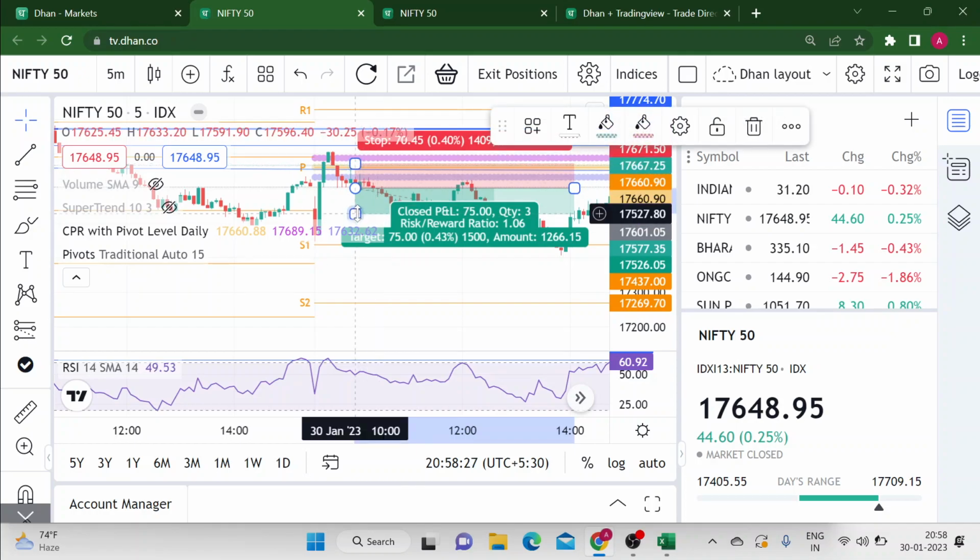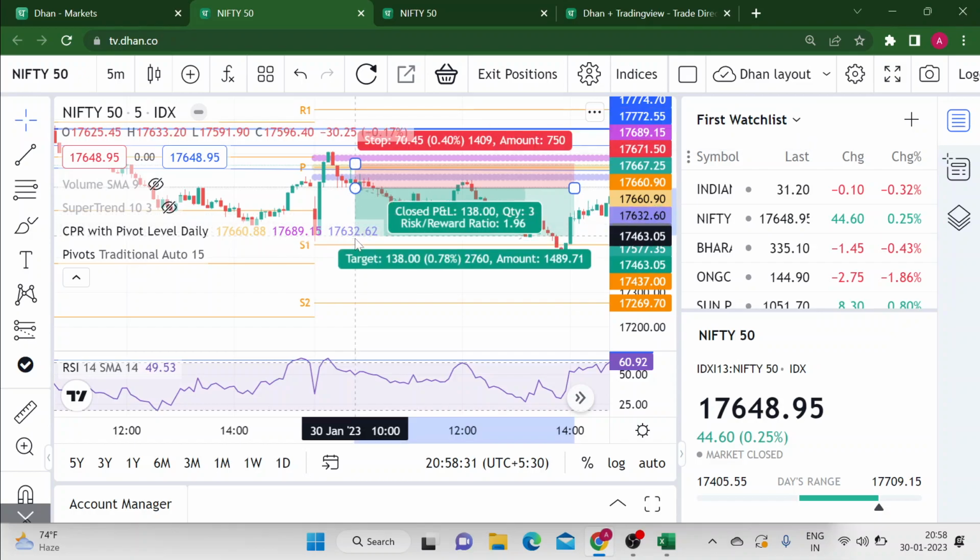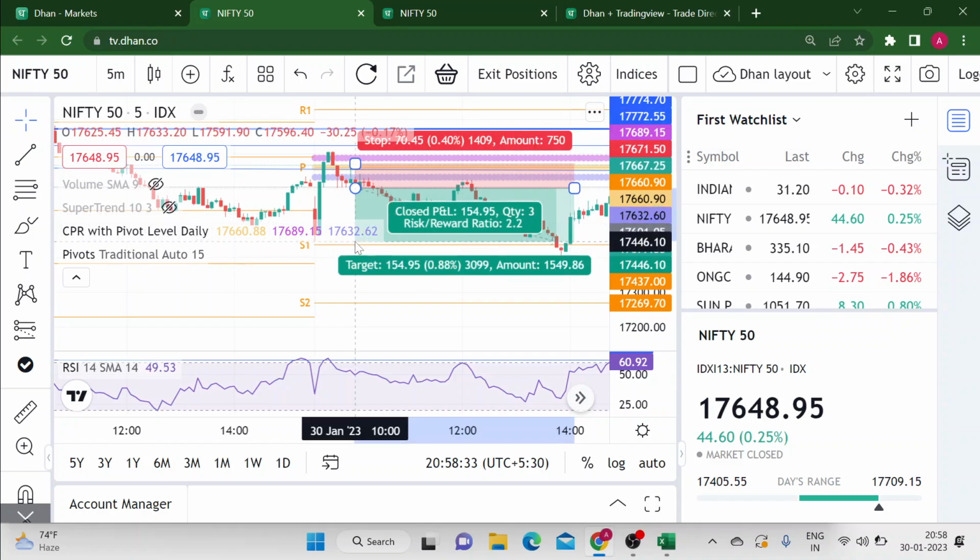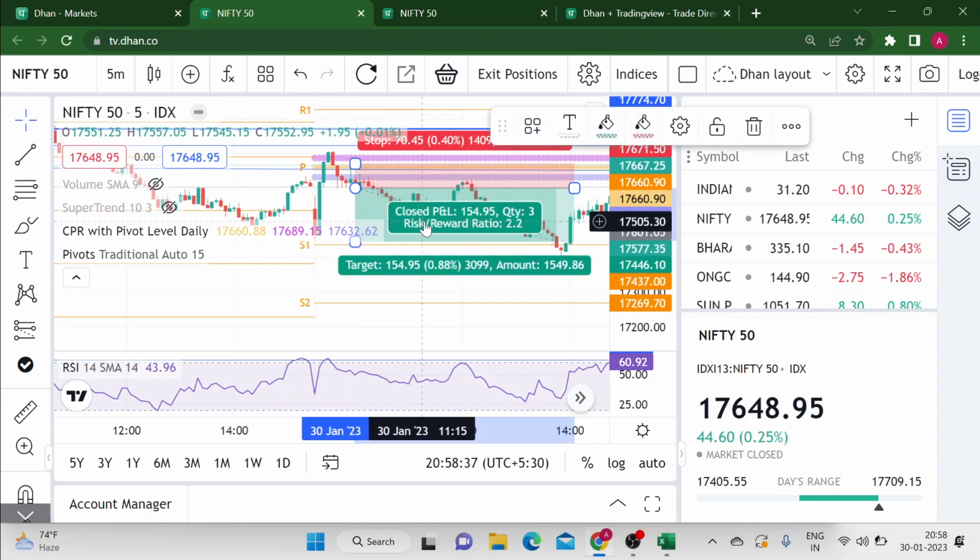And your target should be the point where it started, which is easily achieved, and you are getting a 2:1 ratio. This is what we want, and every time we have to analyze in this way.